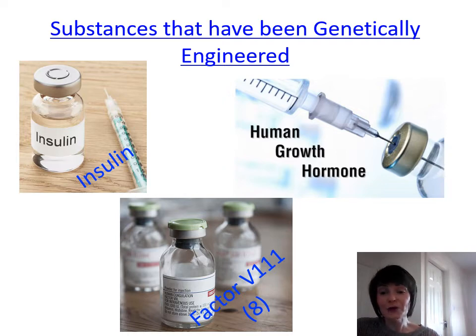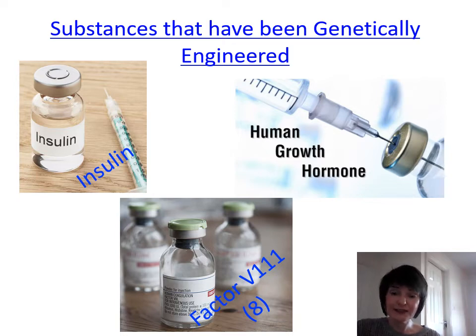Then you need to be able to identify what useful substances have actually been genetically engineered. One of those you have come across before in S-M-S. You have talked quite extensively about insulin and how type 1 diabetics rely on insulin in order to regulate their blood sugar levels.